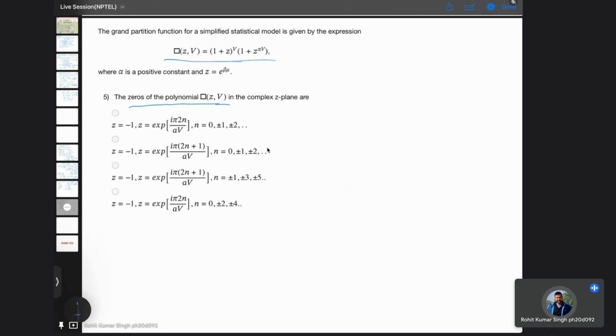So zeros occur when either this is 0 or the second term is 0, right? Now this one will give you z equal to -1, and this one will give you z alpha v equal to -1.